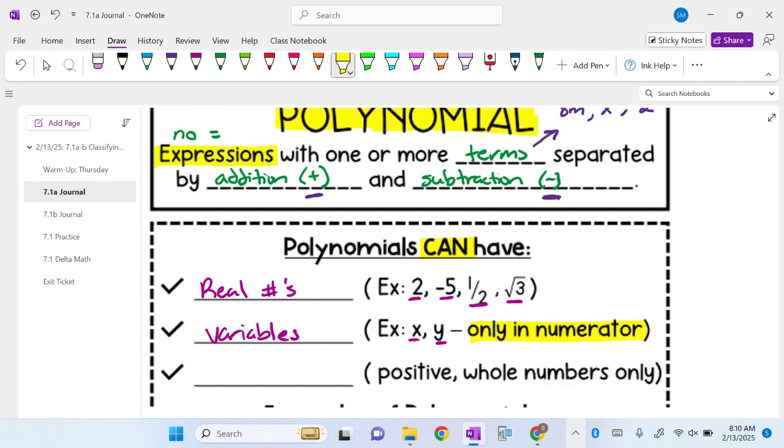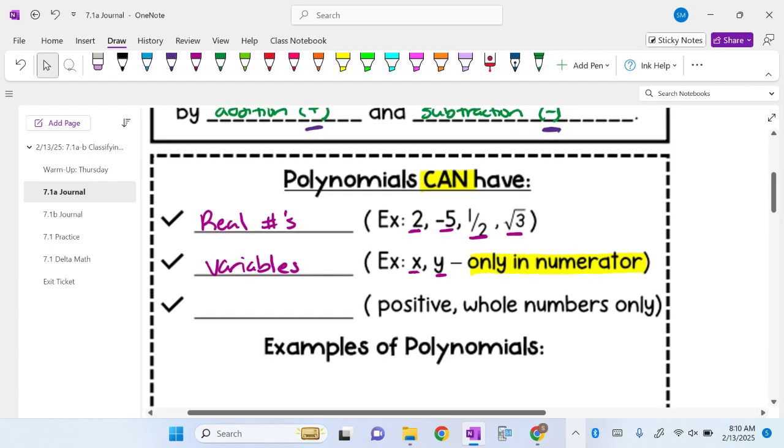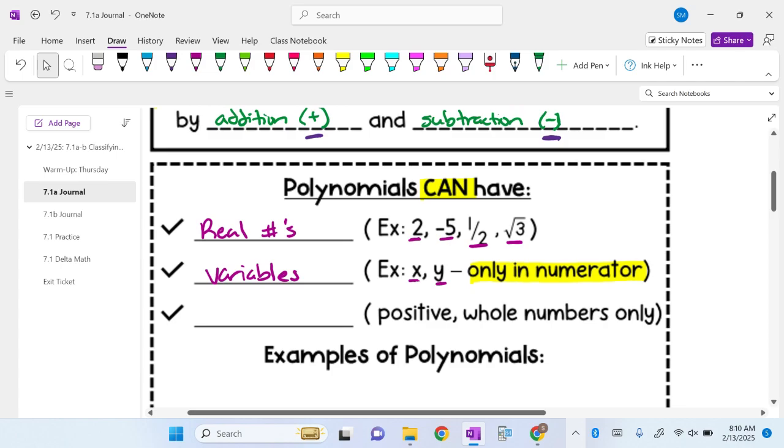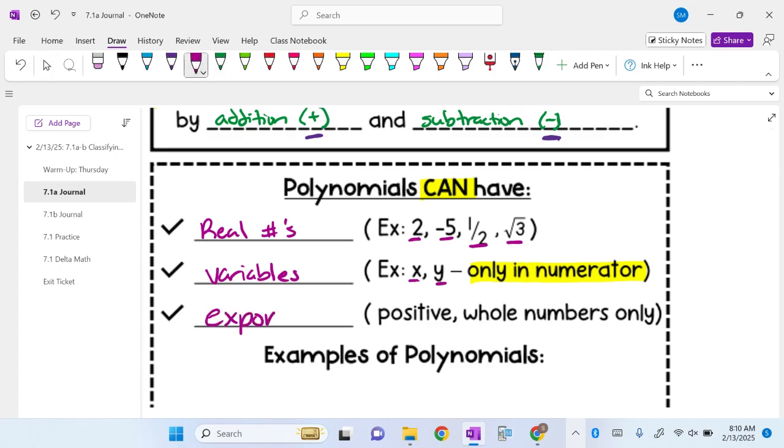So if you have fractions, that variable cannot be in the denominator. And then finally, you can have exponents. But they must be positive whole numbers only. So no negative exponents, no fractions. Which you're like, fraction and an exponent, you'll learn about that in math too.